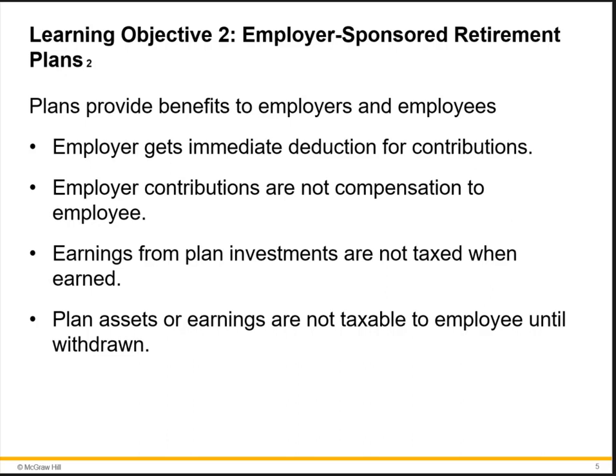Obviously, when an employer pays an employee, anything they pay them is a deduction for the employer, which reduces their taxable income. But this adds a new layer in that this is money that is not paid to the employee directly. It's put into a trust, given to a trustee for that employee, for the employee to have later in retirement, but it can still be a deduction now.